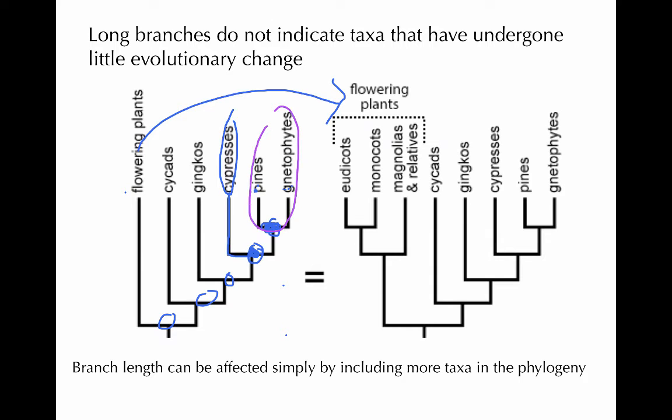Pines and neophytes. So cypresses are equally closely related to pines and neophytes because they share the same common ancestor. Who is most closely related to flowering plants? Well, if you go back to their last common ancestor, it turns out that everybody in this whole phylogeny is equally closely related to flowering plants.